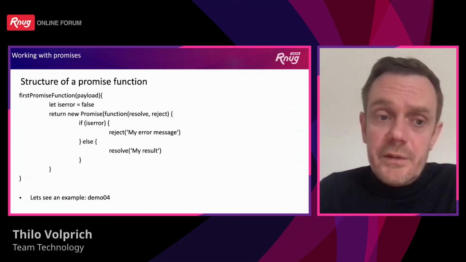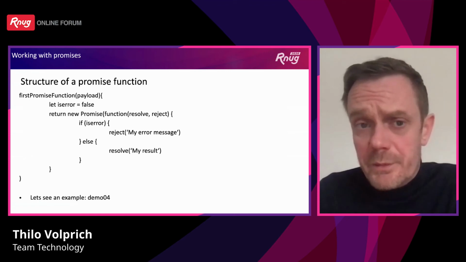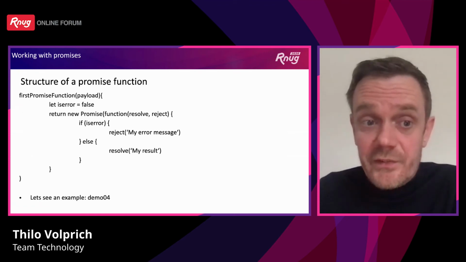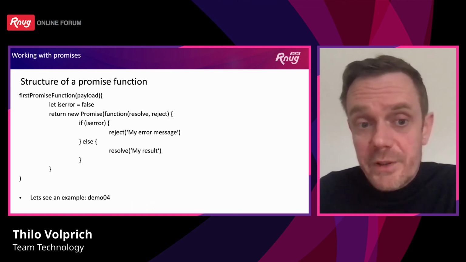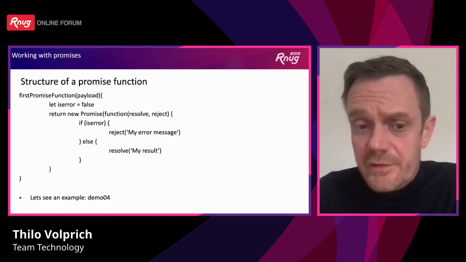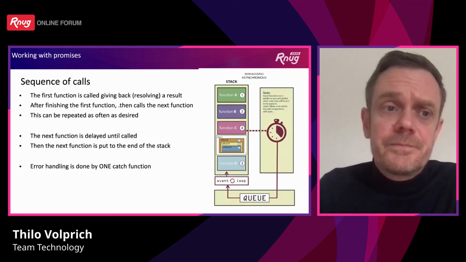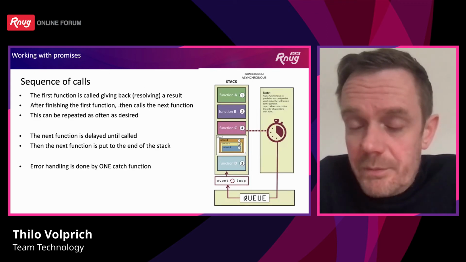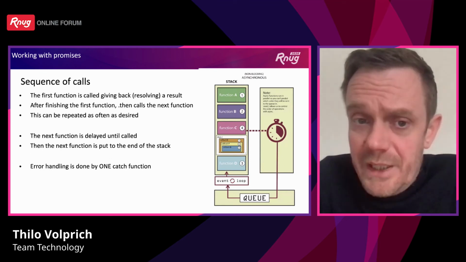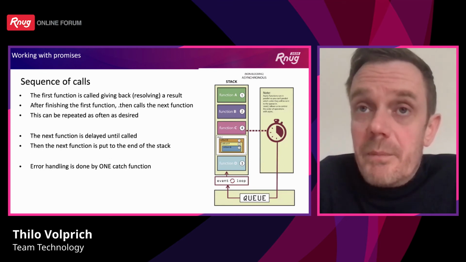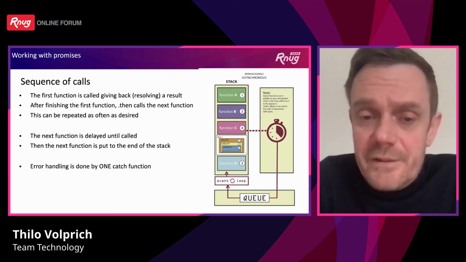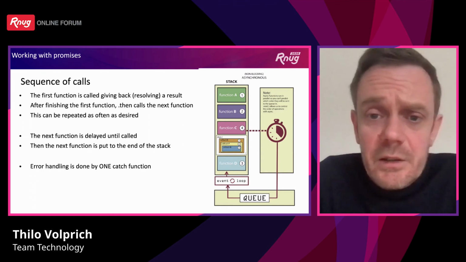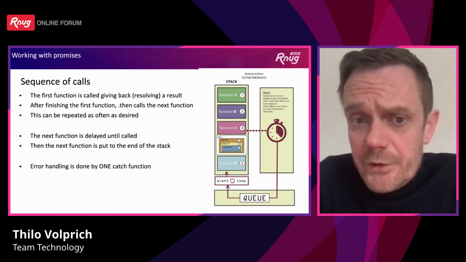So this is the structure, again, of a promisified function. Just surround your existing code by returning a new promise, and then have a positive and a negative result. The code is similar compared to the callback hell, but it's much easier to read for human beings. And the then is always the next function we want to call.